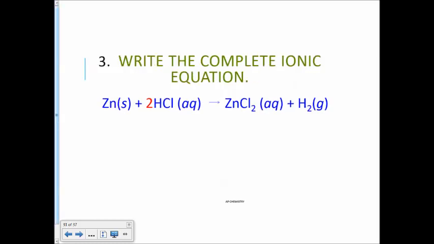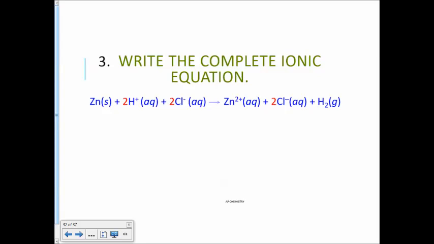So write out the complete. You can do that, or if you already know how to cross them out, you can. But what you would notice is what's going to be soluble on both sides. The chlorides are. So they're going to spectate. So they're going to be crossed off eventually.